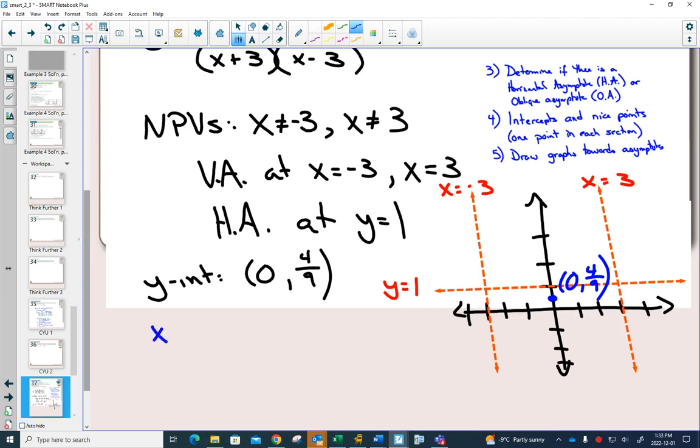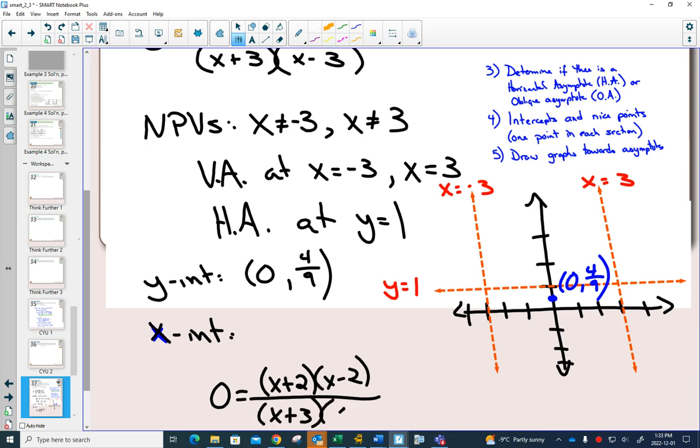X-intercept: plug in 0 for y. Again, look at the equation. In its factored form, it has to equal 0 in the numerator. The numerator is already factored. So what would make the top equal to 0? -2 would work, and +2 would work.